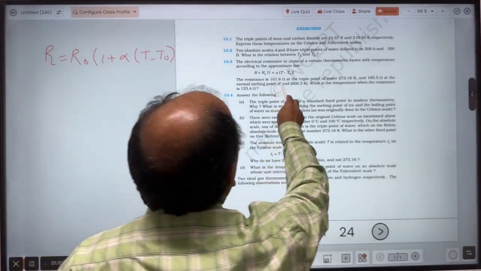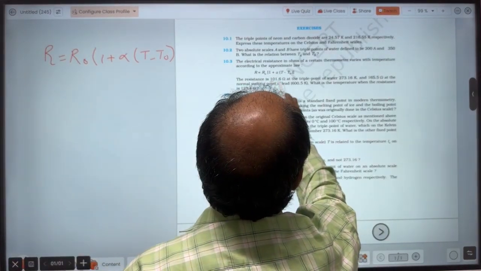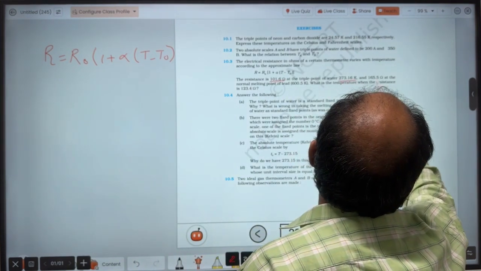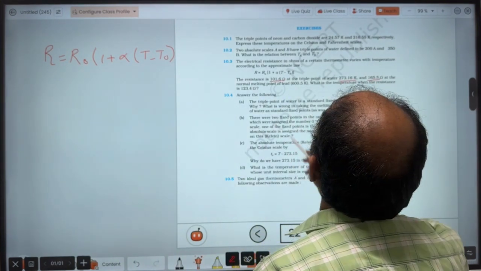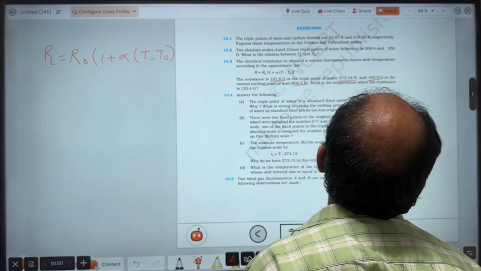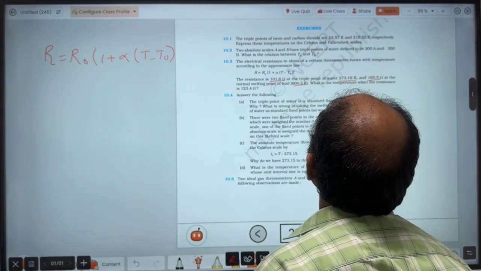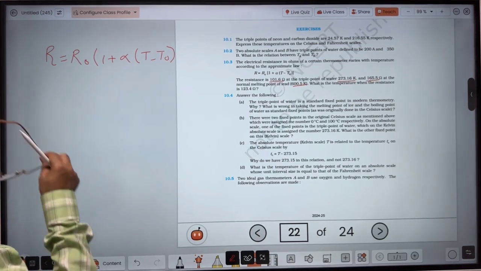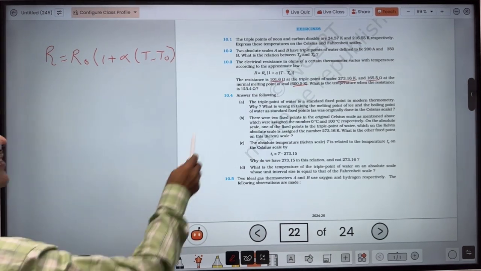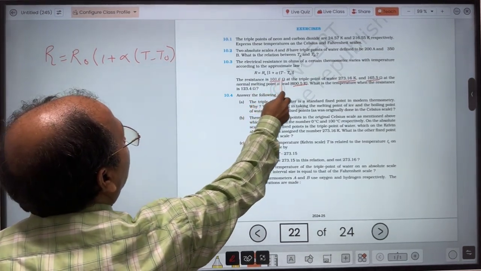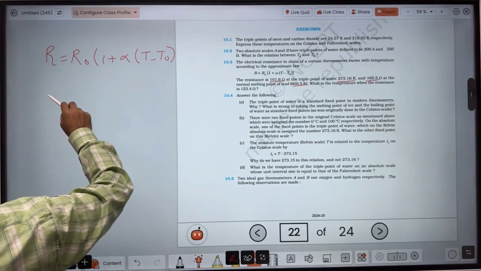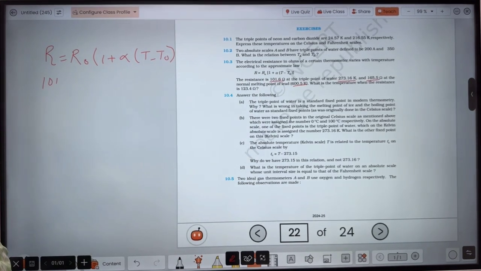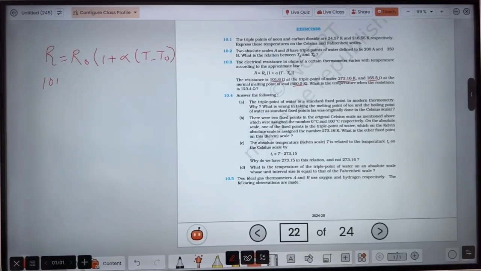Now here the resistance is 101.6 ohm at the triple point of water at this Kelvin and 165.5 ohm at the normal melting point at this much. What is the temperature when the resistance is this? So we can write the relations. First we write the first resistance like 101.6.